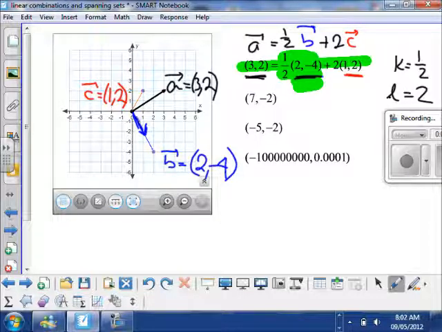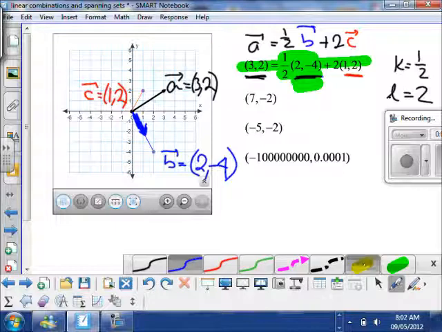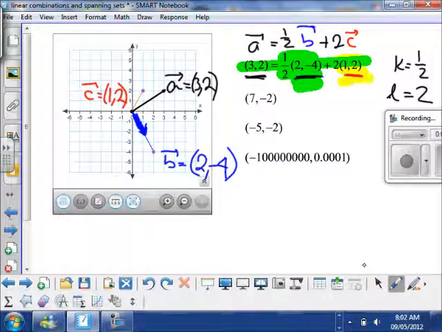Maybe a little bit shorter, but anyway, we have an idea. That's the vector 1 over 2 times B. What is the meaning of the second part? 2 times vector C. That means take vector C and double it, double its magnitude, maintain the same direction. So I take this, I double it. It's somewhere over here.